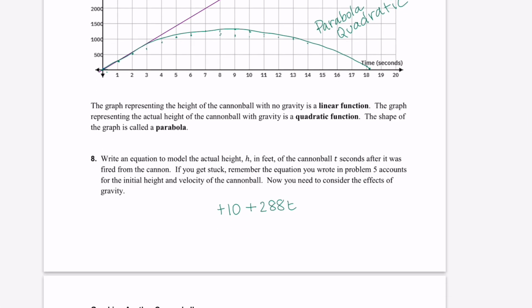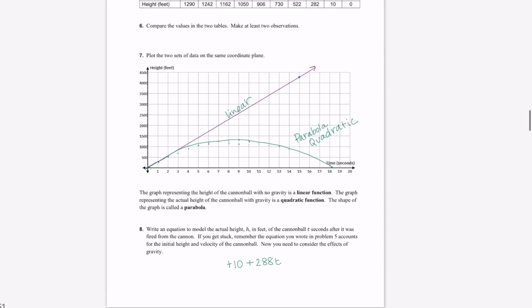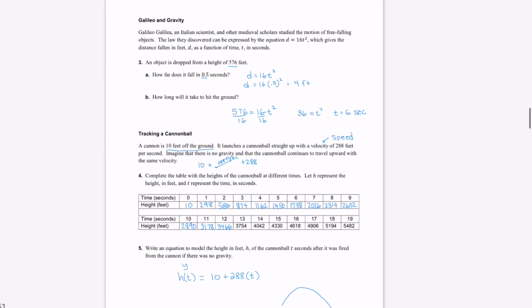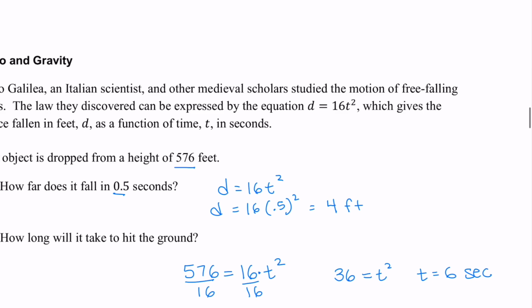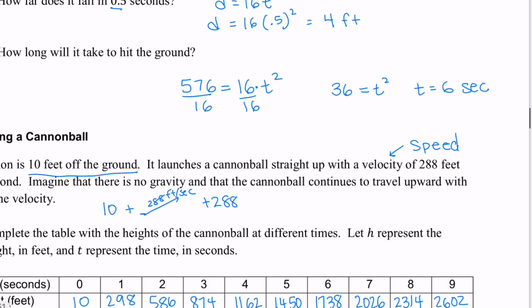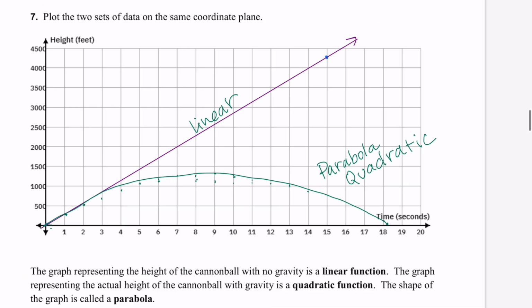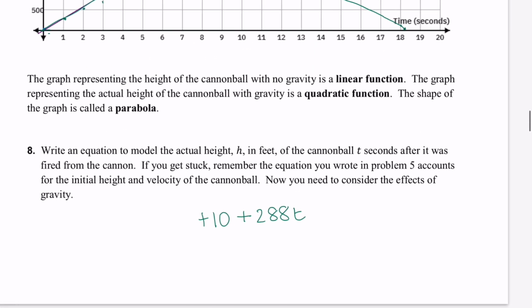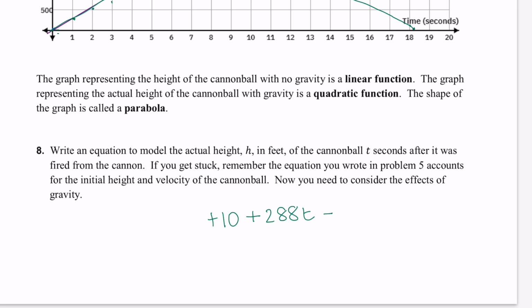Times how many seconds? But remember, it's going down. The value of the function going down, we learned, was 16t squared. But since it's pushing down, we're going to put a negative number with it, so it will make it go down instead of going up. Minus 16t squared.